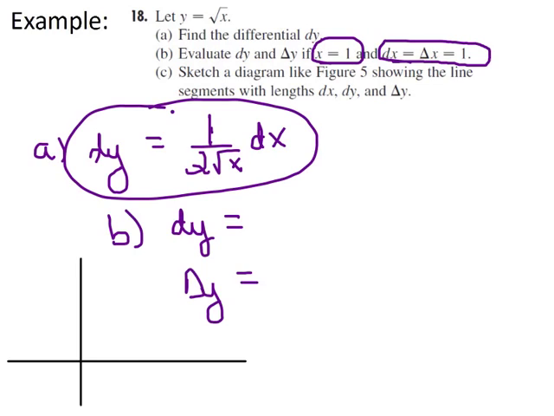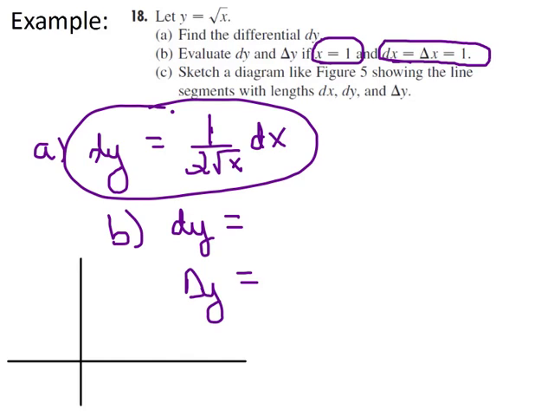What you need to do in part B is figure out what dy is by plugging in the values that they give you into this equation. So you come up with your answer for dy, and then you also come up with your answer for delta y. That's the change in y on the actual curve, correct?